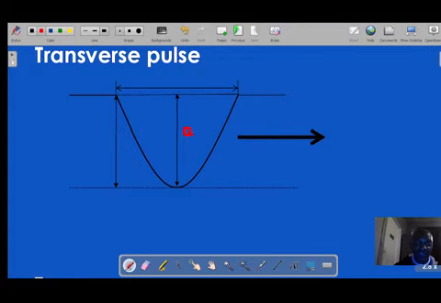And this distance from here up to here is what I call the pulse length. The direction of motion and the displacement, as you can see, are perpendicular again. So this is a transverse pulse.